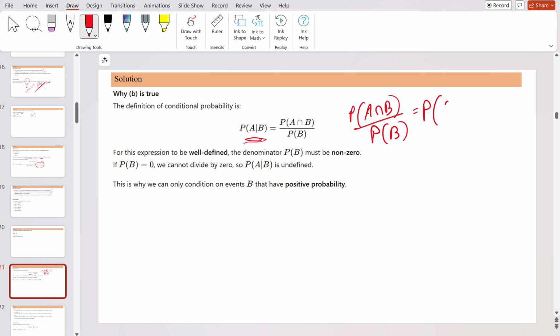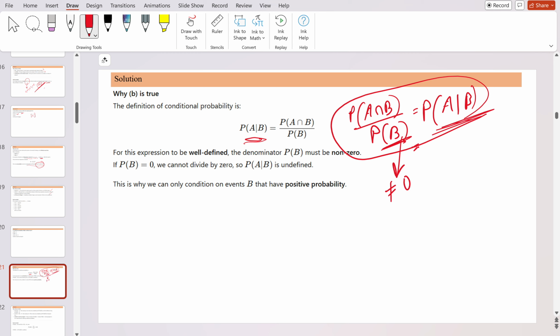So for this expression to be well defined, the denominator P(B) must be non-zero, because if it is zero, it becomes infinite, so the conditional probability will not exist. Okay, so that is undefined. This is why we can only condition on events B that have positive probability.